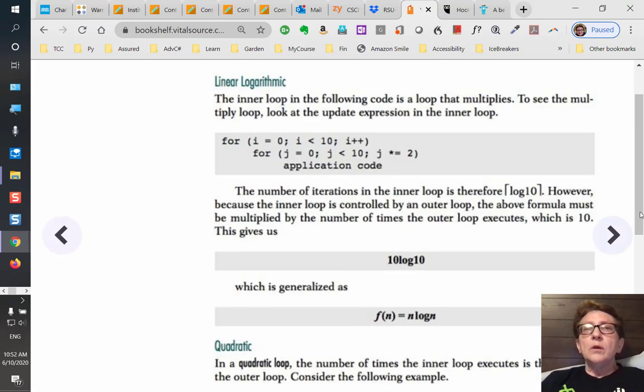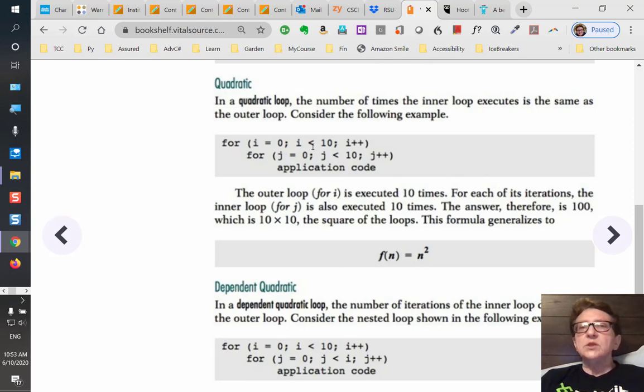Now, if we have one that is log, where j times equals 2, and we have one that's linear, it's going to be n times log n. Since log n is less than n, this is going to be less than n times n. It's going to be n times log n, as they wrote down here, n log n.